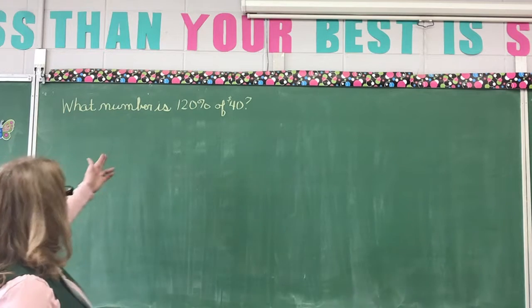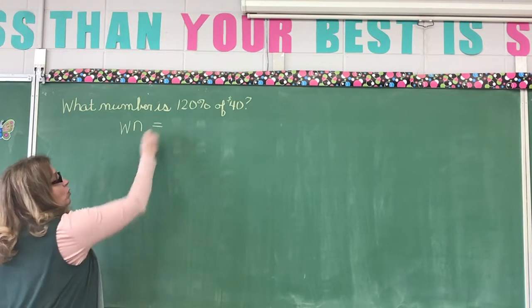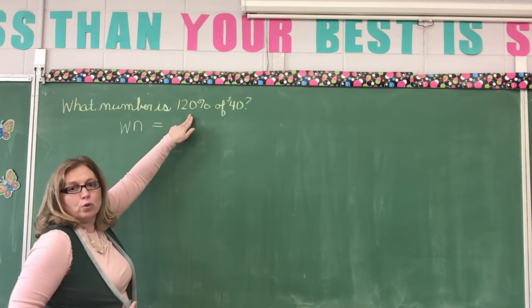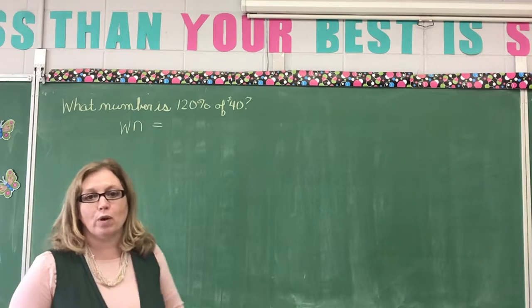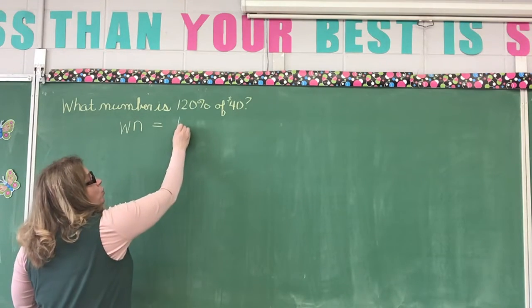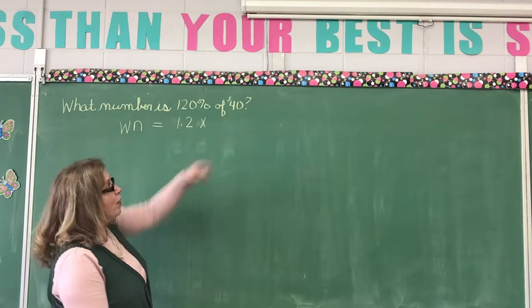What number, okay, so that means what number is means equals. We cannot multiply with the percent of 120. We have to change it to a decimal. So we're going to change it to the decimal of 1.2 times our original price of 40.